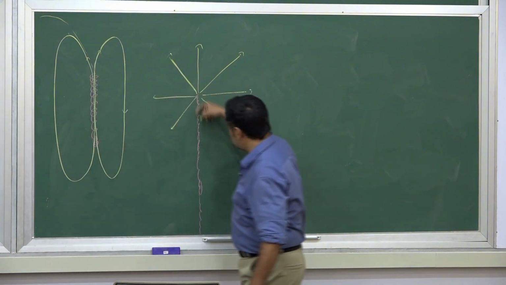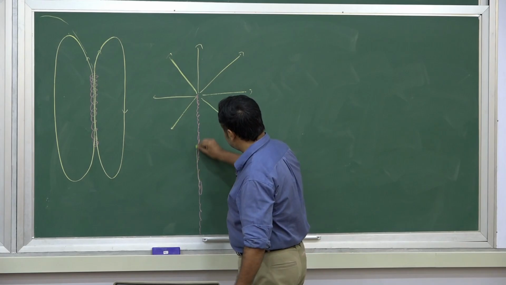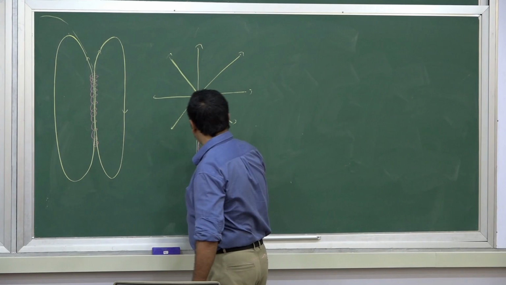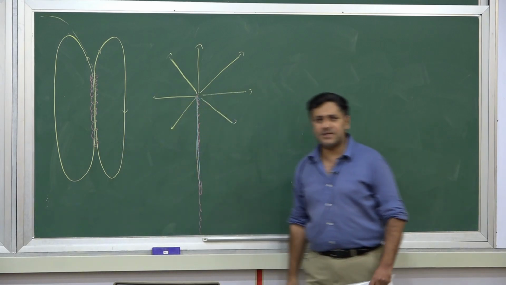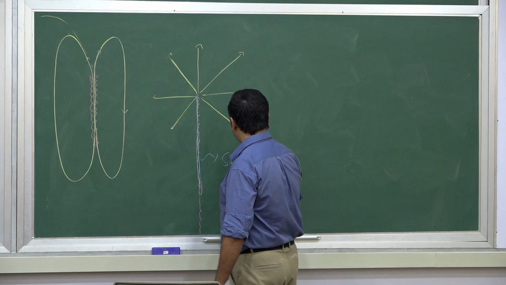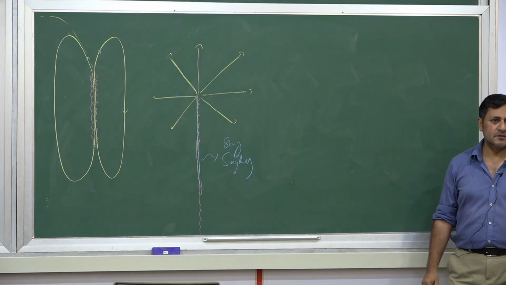Except that along this string you won't have what you usually expect. Rather, the field is going in this direction. Because you have to take the limit, you have singularities, a string singularity. Field is blowing up over there.